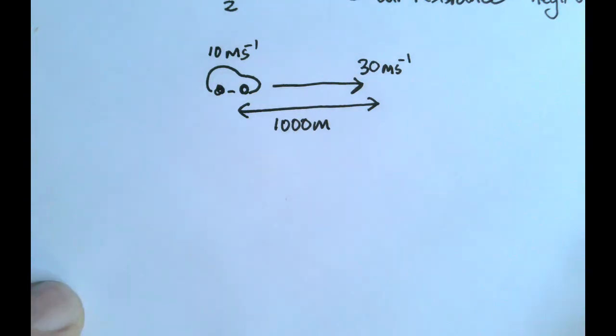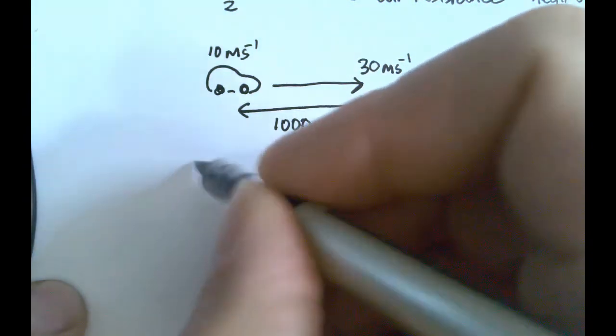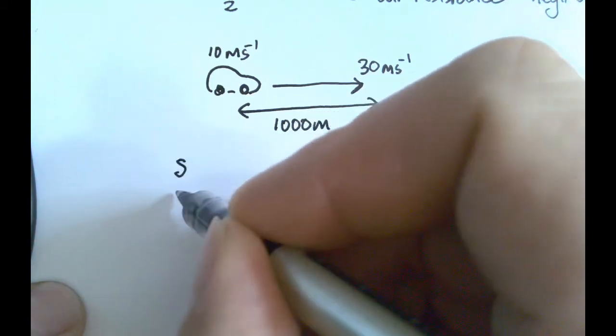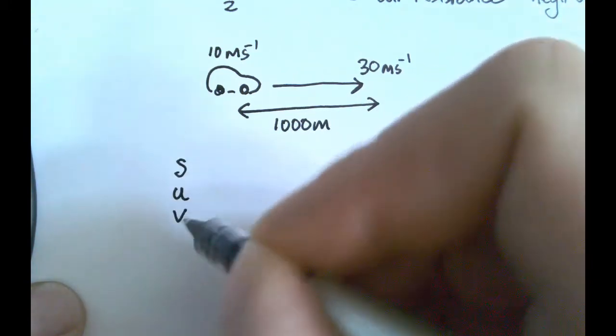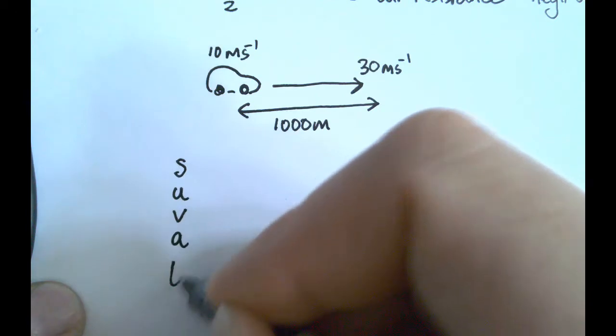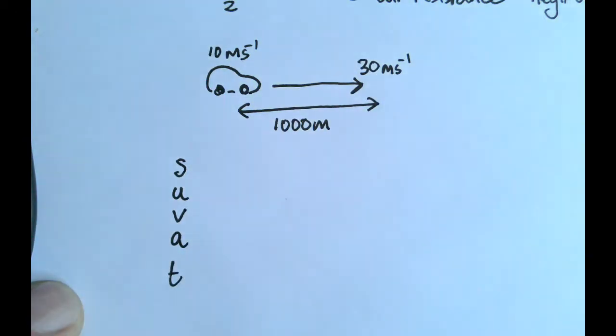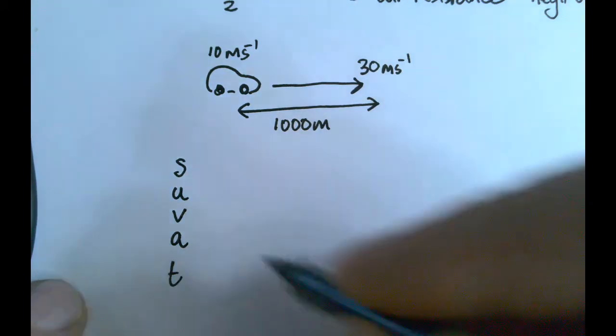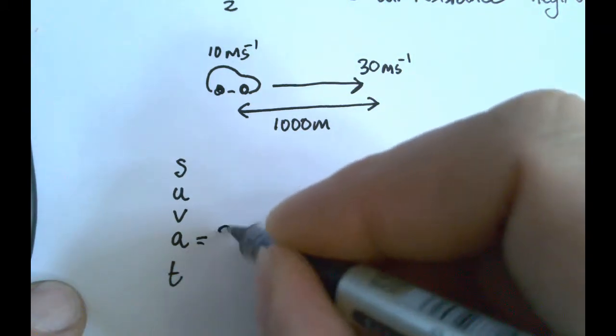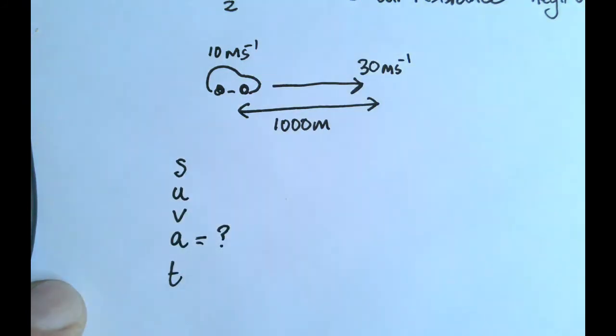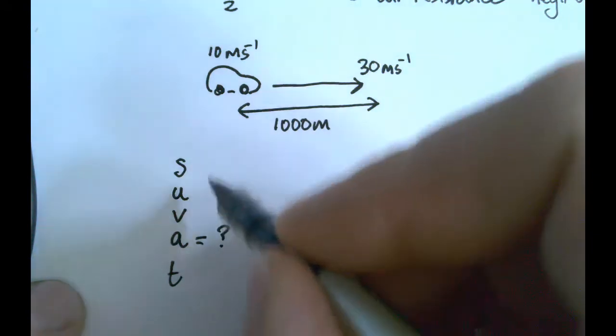So the way to do that is I would always write down what the question gives you. So I would literally write down SUVAT. And what I want to know here is what the acceleration is. So let's put a question mark next to the acceleration. That's what the question is. And then let's see what else we've got. We've got s.